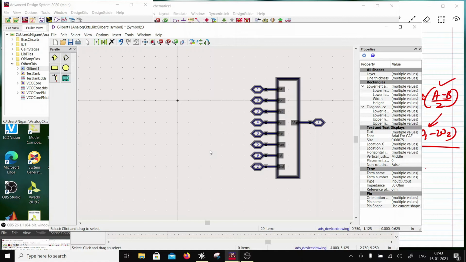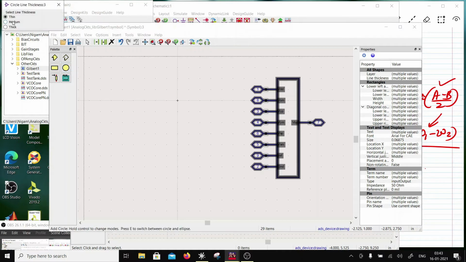Just 1 second. Okay, so remember the input is going to be lower frequency, and the output is going to be higher frequency. So the input is going to change the GM while the signal is going to be amplified. So LO is going to be amplified, RF is going to make the change. So let's make a symbol for a mixer.